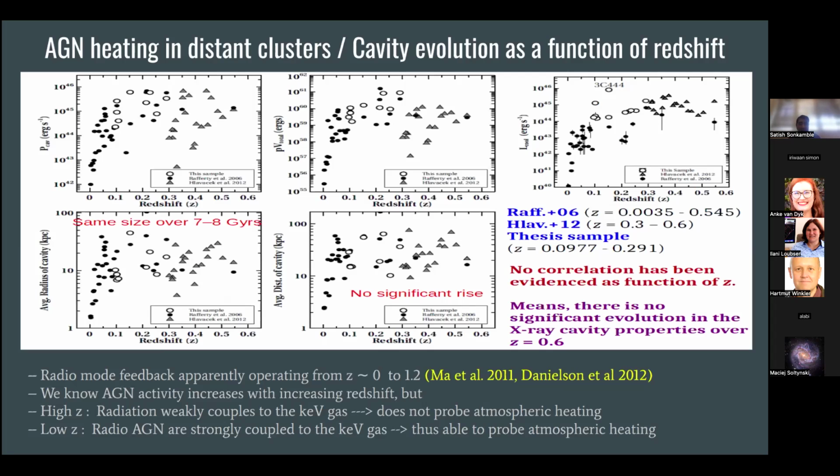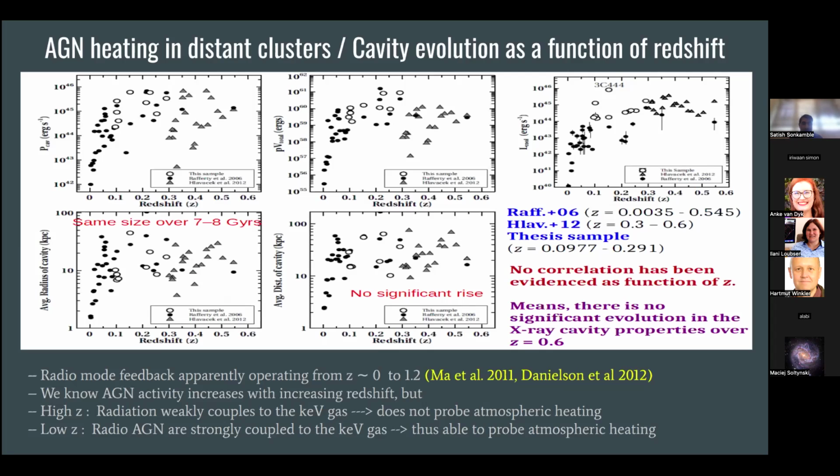But so far this radio mode is apparently operating up to a redshift of 1.2. It means that we can see bubbles at redshift 1.2. But beyond that, it's very difficult to study with Chandra.